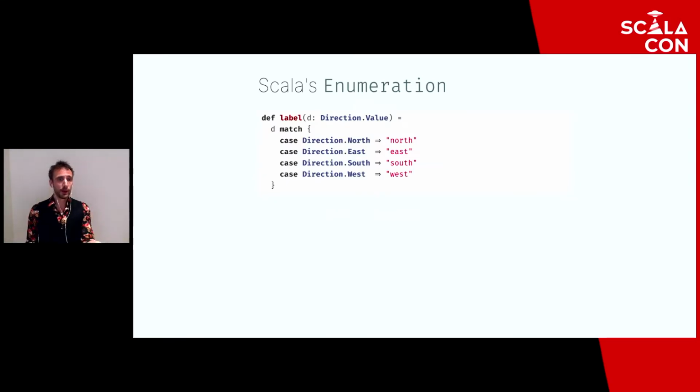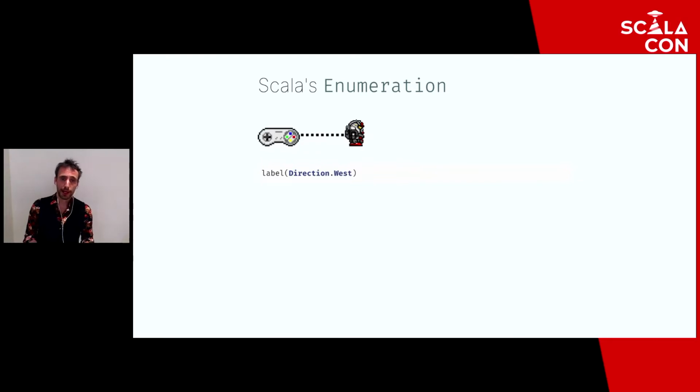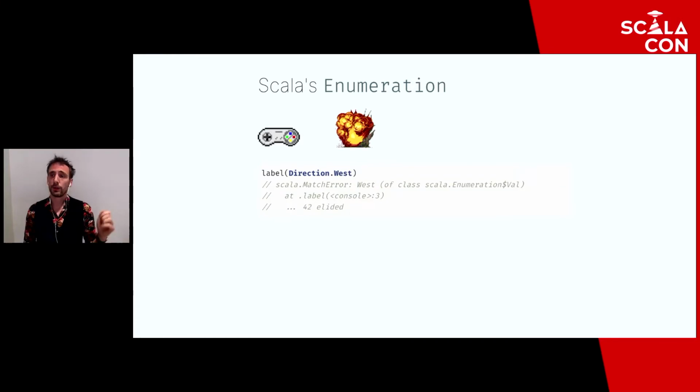And here, I thought there was something dodgy with the way I handled Direction.West, so I commented it out, forgot to uncomment it, compiled everything, and now what do you think happens when I run that? Well, Direction.West is a perfectly valid value of type Direction.Value, and label takes any Direction.Value, so this compiles, but blows up at runtime because we're not dealing with the West scenario.